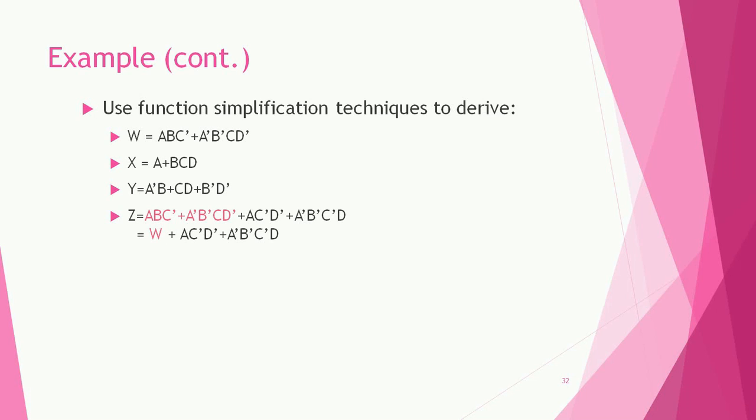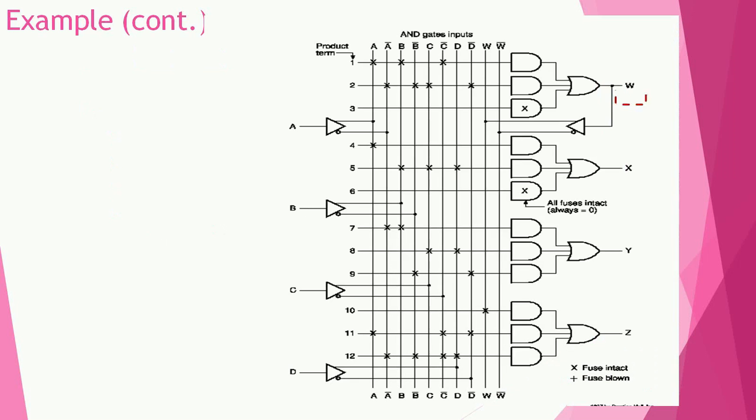If you observe carefully, the expression of W, shown in pink color, is in the expression of Z. So from the expression of Z we can replace it with W plus AC bar D bar plus A bar B bar C bar D. Observe here. Initially inputs A B C D are there, they are connected. W, which is the first output, is considered as an input.